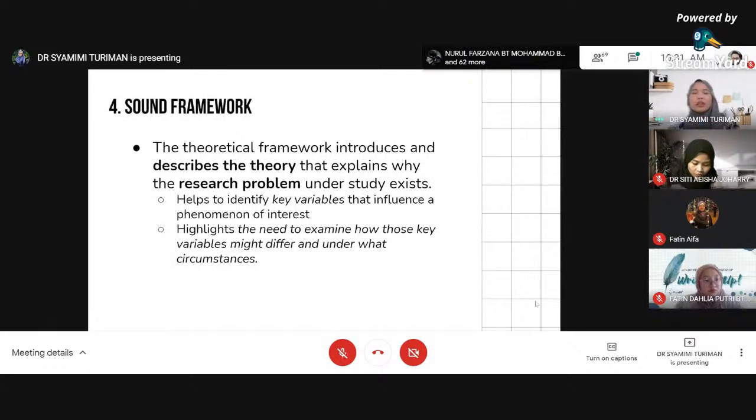Okay, a good FYP is also able to produce a sound framework. So as early as your first chapter, what framework you are going to employ or use in your study should be mentioned.